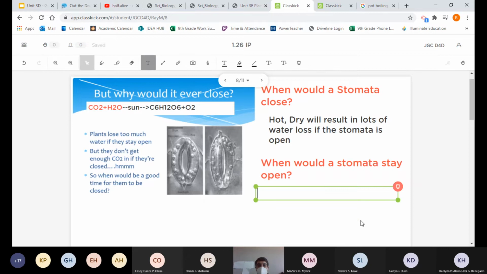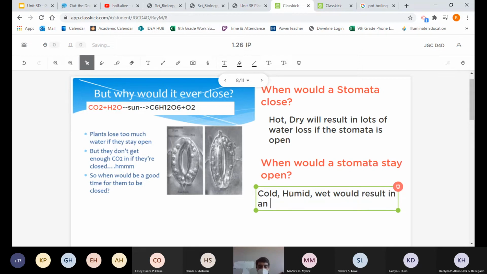When would you expect the stomata then to stay open? Probably the opposite, right? So if hot and dry will result in a closed stomata, probably cold, humid, wet would result in an open stomata.